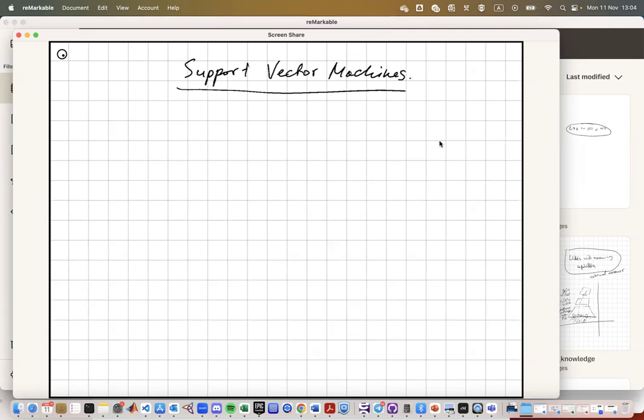So x1, x2, xn. It can be like temperature, pressure, whatever.